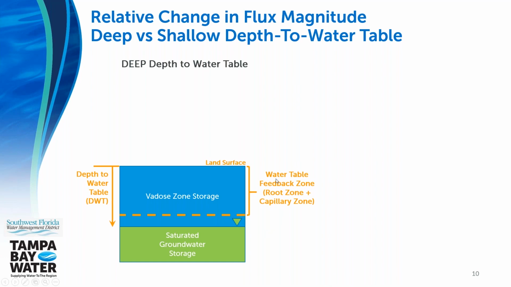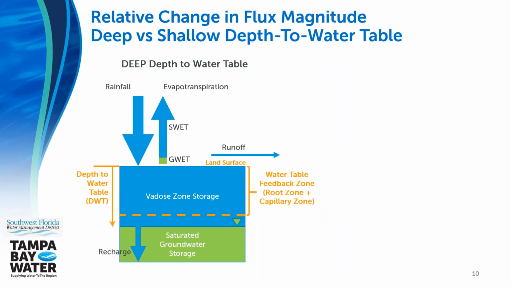The water table feedback zone is characterized by the sum of the root zone plus the capillary zone of the soil. So if the saturated groundwater or the water table is outside of this water table feedback zone, there is no influence on runoff, ET, and recharge.